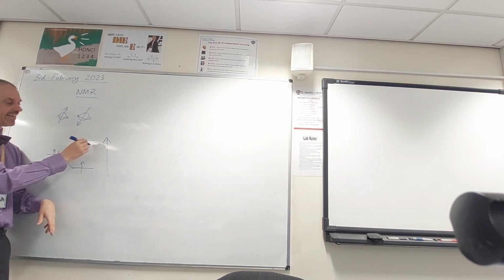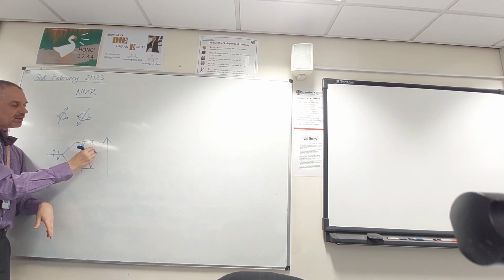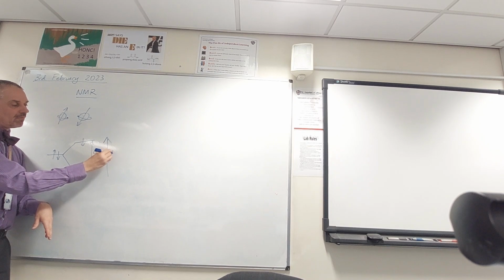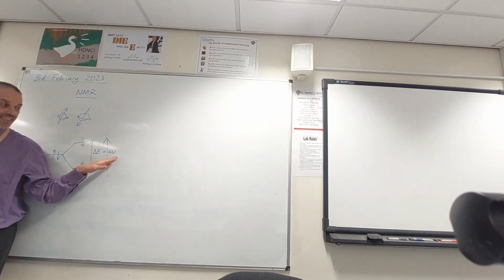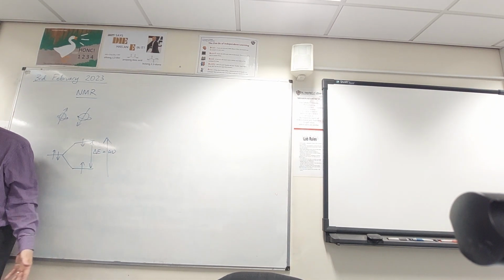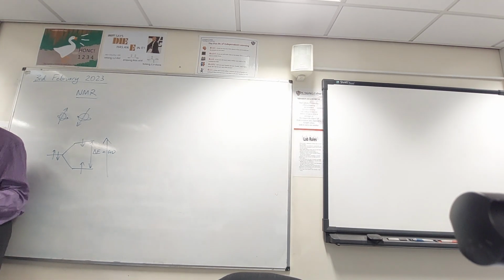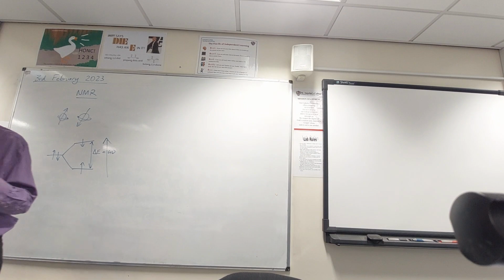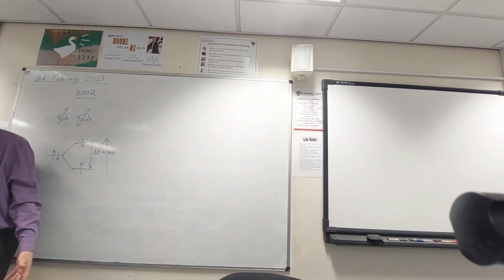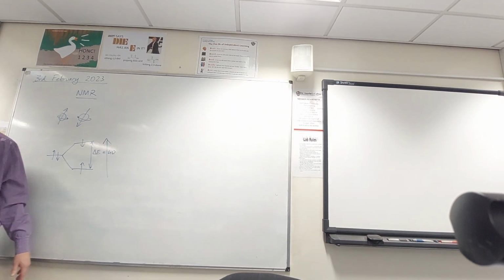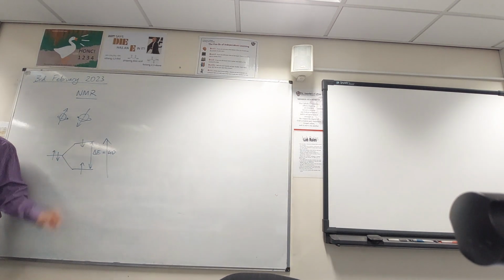And the difference in energy can be translated into a frequency in the electromagnetic spectrum, and it's the radio frequency region, which I'm sure you know from your physics is a very low energy part of the spectrum. It's the lowest energy part of the spectrum because it's a tiny energy gap.